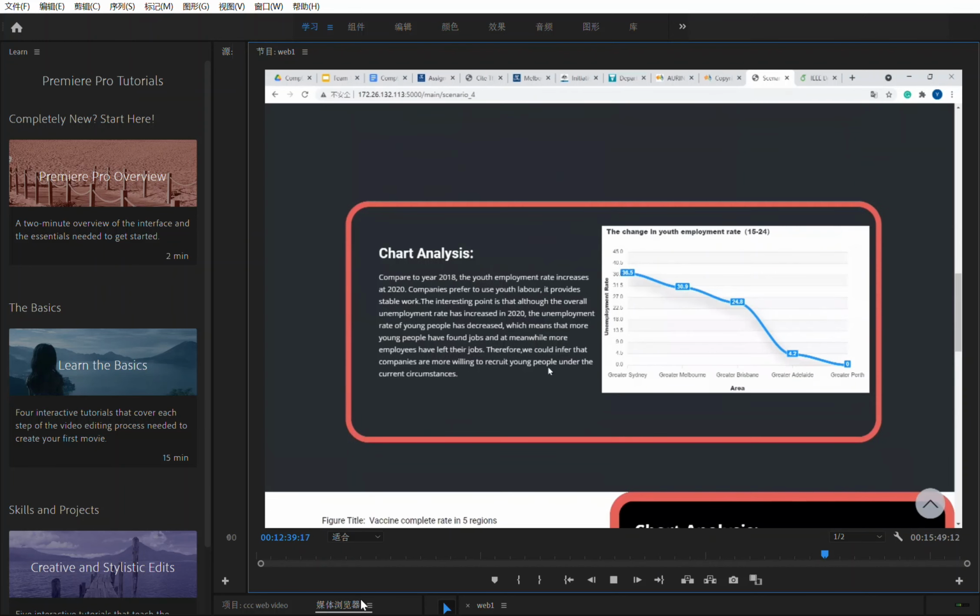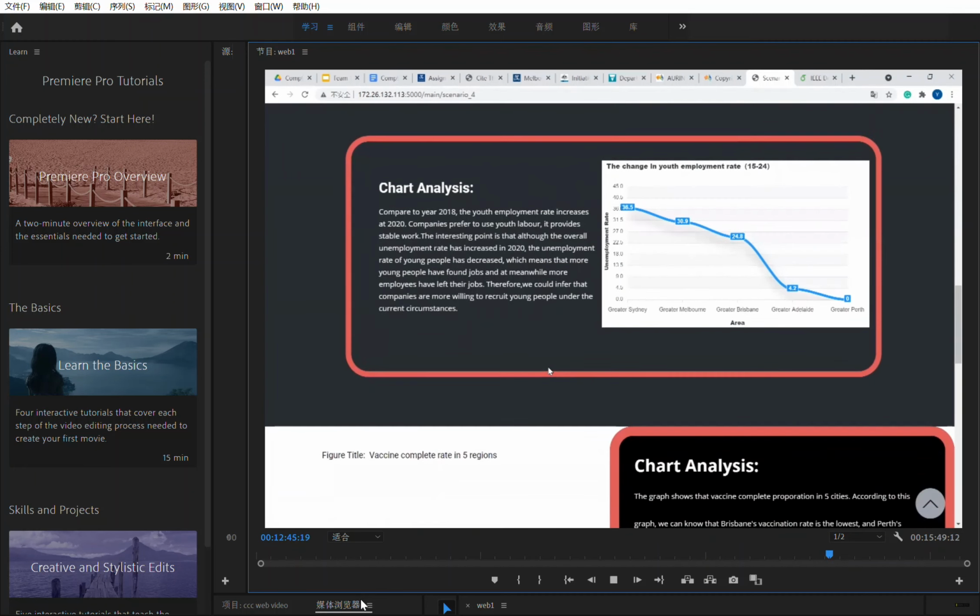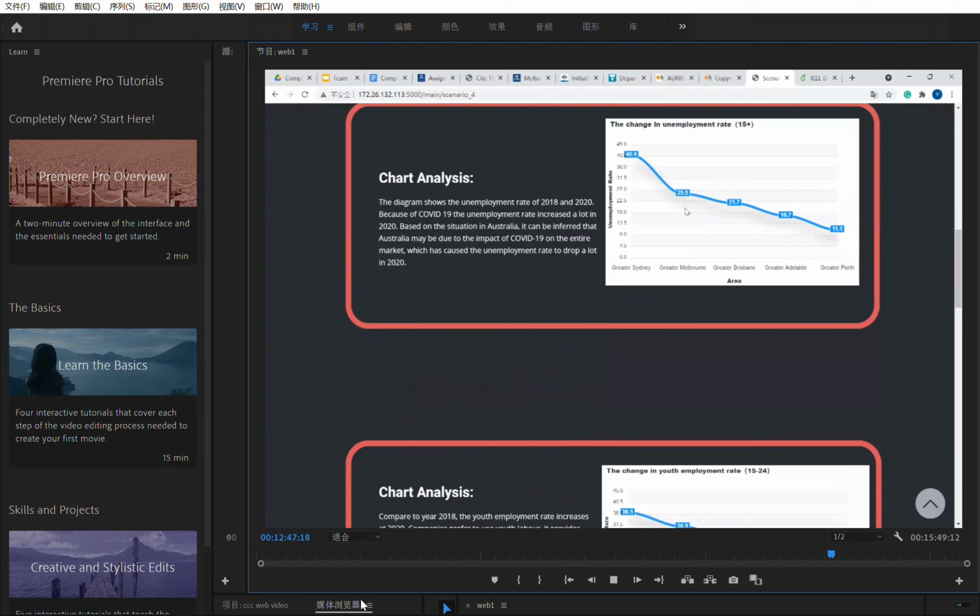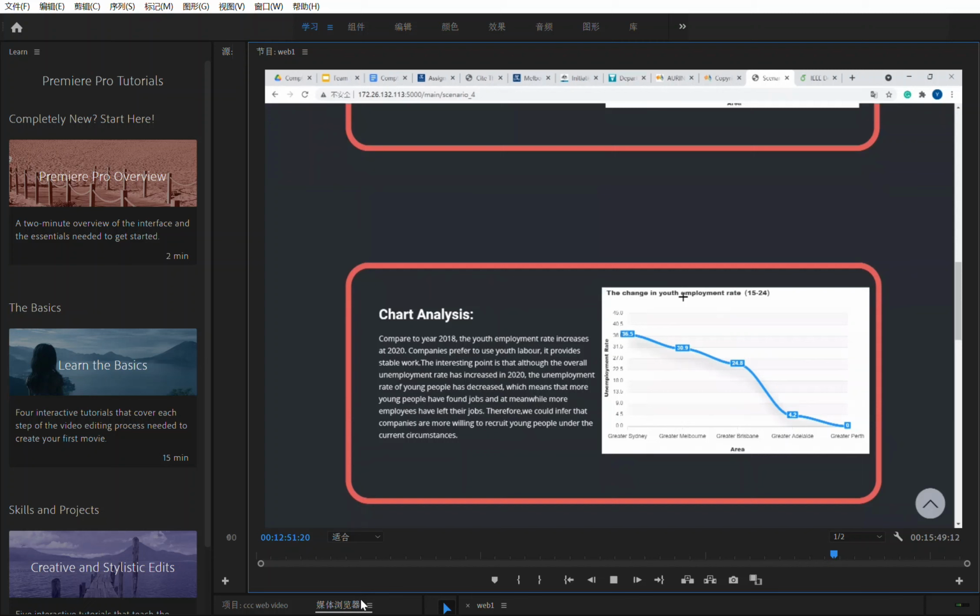The second is the change in young unemployment rate. Although the unemployment rate increased, the young employment rate increased as well. However, for Perth, the young employment rate doesn't change at all.